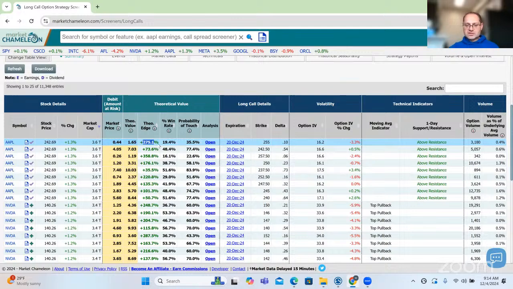This option has to go up by more than double, so it's a pretty big discount so far. Keep in mind, you still have to have the outlook that you're bullish. If you're using a long call screener, you have to be bullish on Apple, because that's the way calls work.